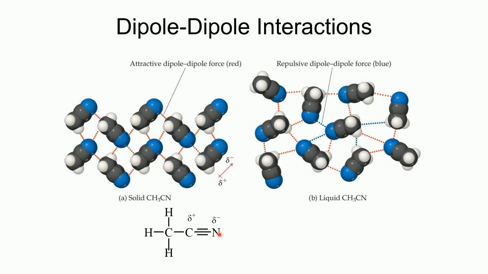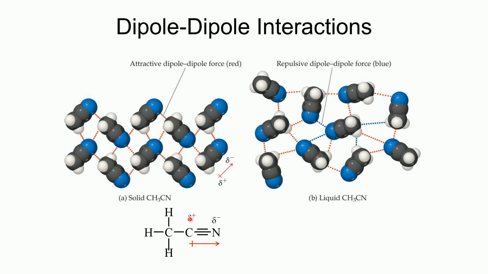Nitrogen is much more electronegative than carbon, and so some more electron density is pulled towards that nitrogen. We can indicate that dipole either by putting the lowercase Greek letter delta plus and delta minus to indicate that partial charge, but we can also indicate that by putting a dipole arrow, and that indicates that there is a permanent dipole there.